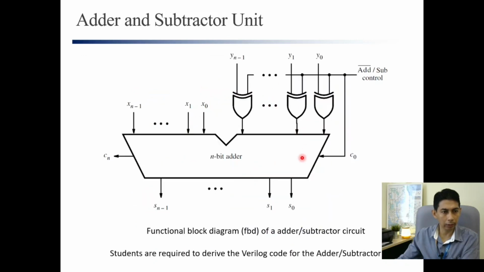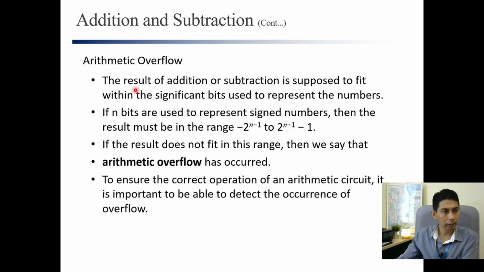Okay, so last week we had this tutorial and we designed the circuit using Verilog and simulated it already. Now today we will look at what is called arithmetic overflow. The arithmetic overflow, what is that?